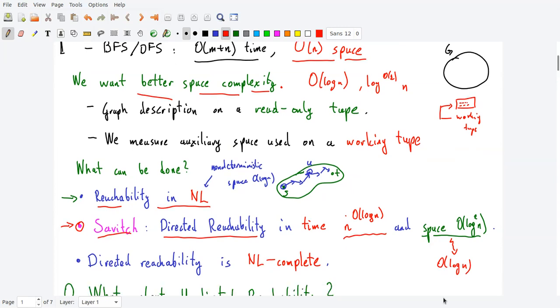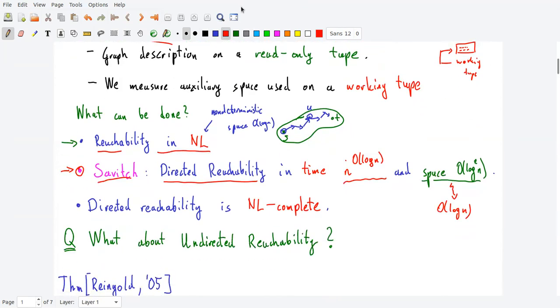So there are problems with this as long as you are thinking about directed reachability. Namely, directed reachability is a classic NL complete problem in the sense that it is complete under log space reductions for the non-deterministic log space. So this means that if we had a deterministic order of log n space algorithm for directed reachability, then we would have that L is equal to NL.